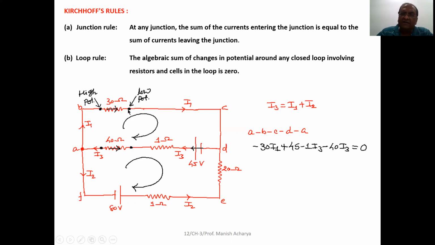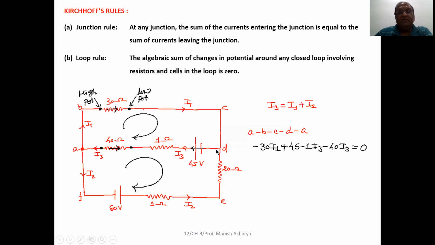For the second terminal, which is the final terminal, the final potential is low potential. So final minus initial potential, here you will get a negative answer. So the negative sign is introduced here. Clear up to this one?